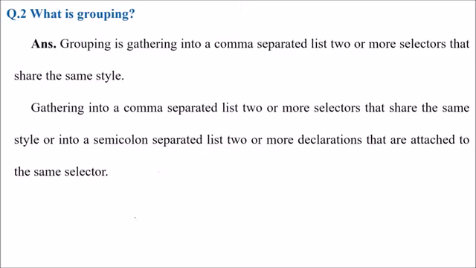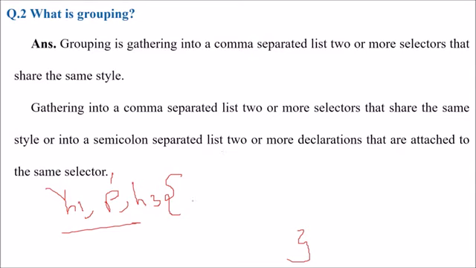I'll give an example. I have a heading, I have a paragraph, and say I have one more heading. I want to give the same property to H1, P and H3, heading 1, paragraph and H3. So I'm going to group it. How am I going to group it?